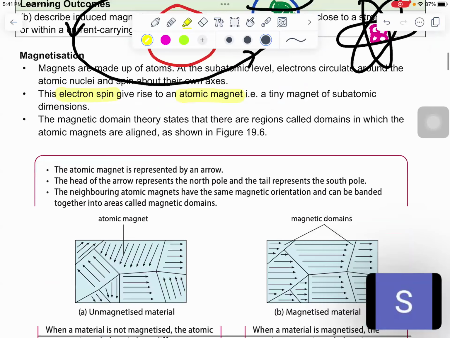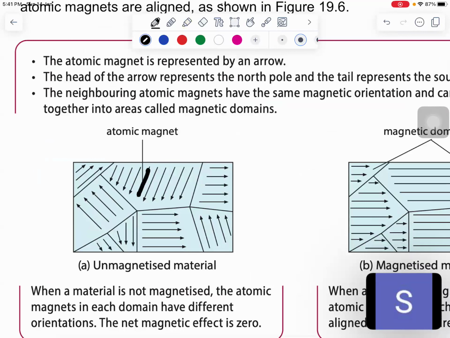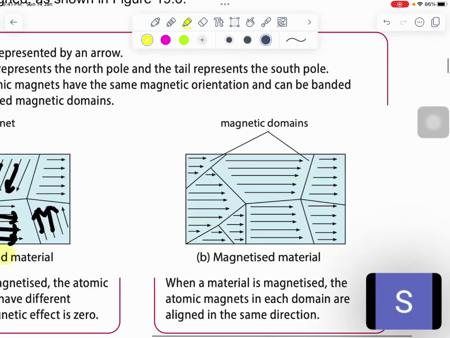Then using the domain wall theory, let's come to the domain wall theory. These are individual magnetic spins. So you can see that all these spins are misaligned. Okay, so this is just an unmagnetized material. So if we can align all the spins in the same direction, it becomes a magnetized material.